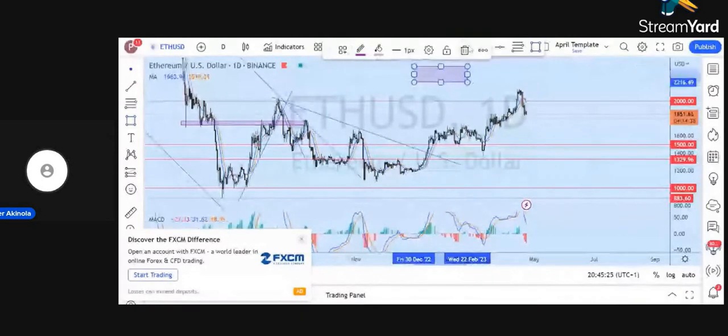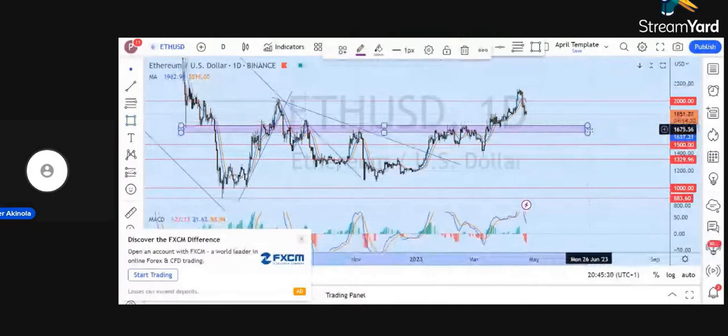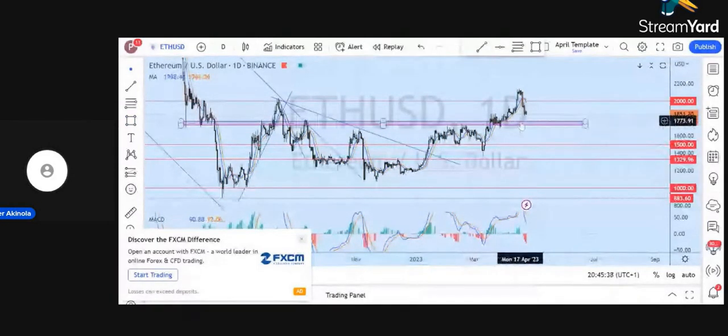So it makes a lot of sense. We are waiting for another higher low around 1762, 1763. Once we get there, we can watch out for price action there, and we'll know the next thing to do. That's that for Ethereum USD. Let's go for the next.